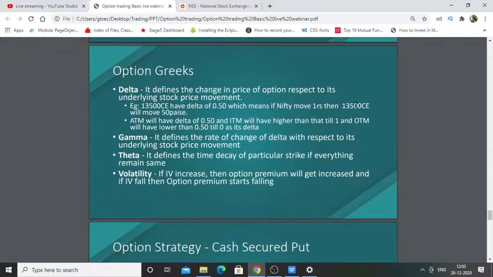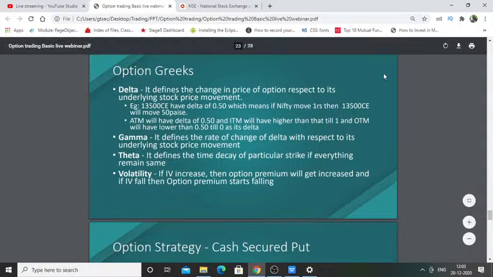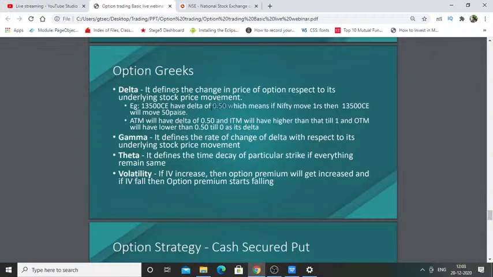If there is a downside movement, then this 13,500 call option will start losing 50 paise from its premium. This is about a call option. In the same way in a put option, if the delta is about 50 paise, then if the stock moves upside, for every 1 rupee that option premium will lose 50 paise, or if the stock moves down, then the put option having a 50 paise delta will increase 50 paise for every 1 rupee. This is the simple explanation of delta.